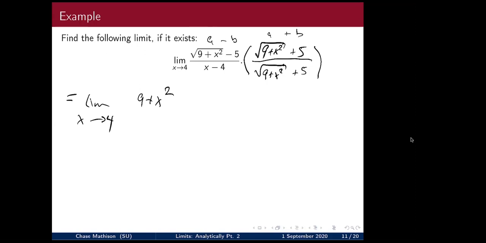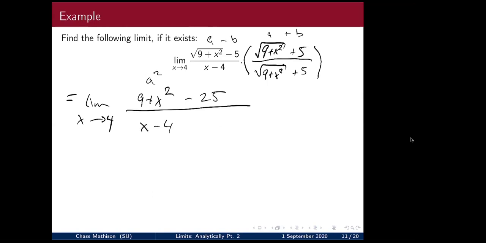And then what else? We also need minus b squared, 25. In the bottom, we have x minus 4 multiplied by square root of 9 plus x squared plus 5.